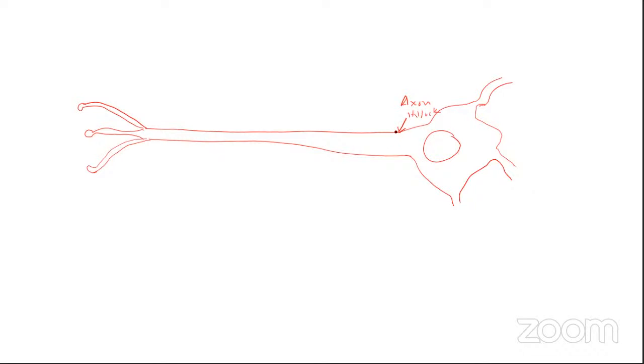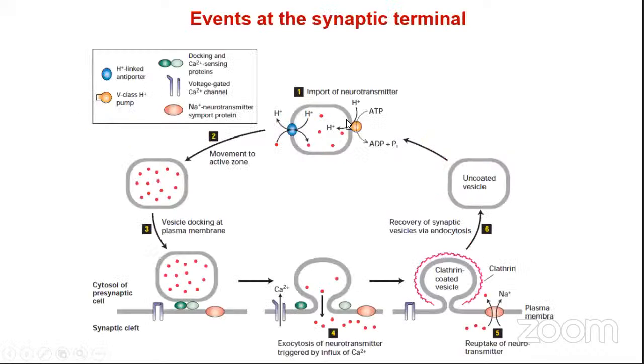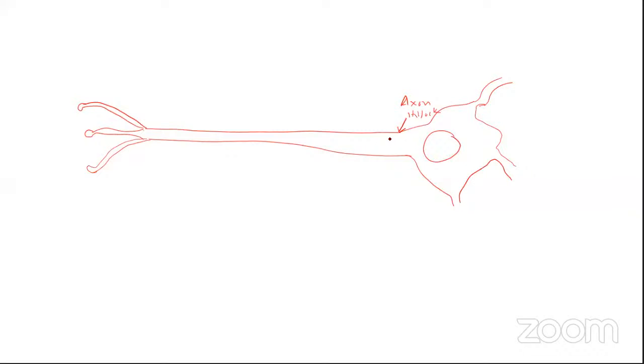Now, how it happens, that also we are going to discuss, but not now. We'll first need to understand how it passes towards the end of the axon. The understanding goes like that: you have opening up of sodium ion channels here.